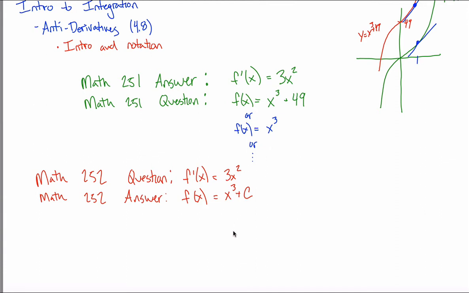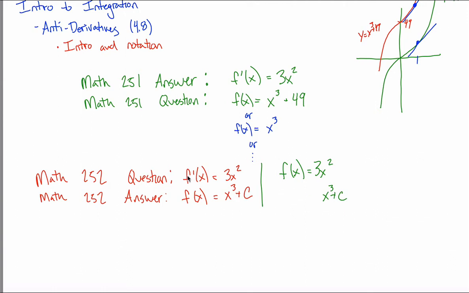A couple other things I want to hit on. Somebody could tell you f prime of x equals 3x squared, and then they could tell you the derivative and you could tell them a function. But what if they told you the function were 3x squared and you wanted the antiderivative of this function? So the answer is still going to be x cubed plus c.